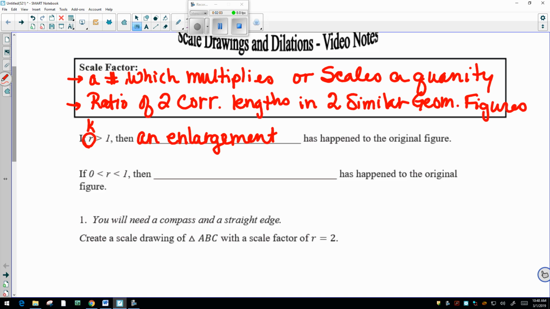When the scale factor, again, could be R, could be K, they could just say the scale factor, is between the numbers 0 and 1, then we can see a shrink or a reduction has happened. So it's going to get smaller. So if it's greater than 1, it gets bigger. If it's between 0 and 1, it's getting smaller.